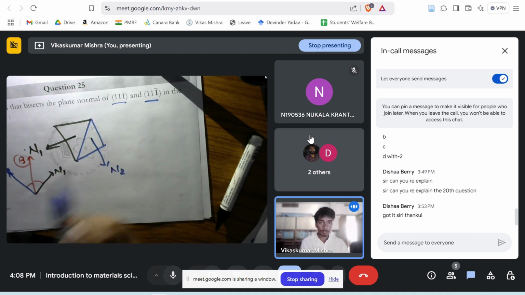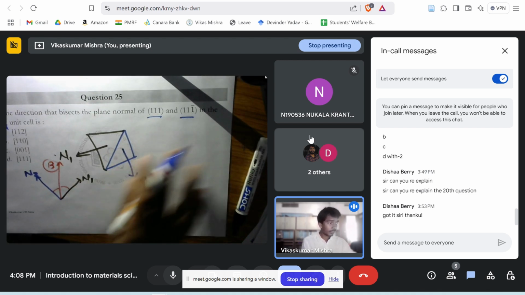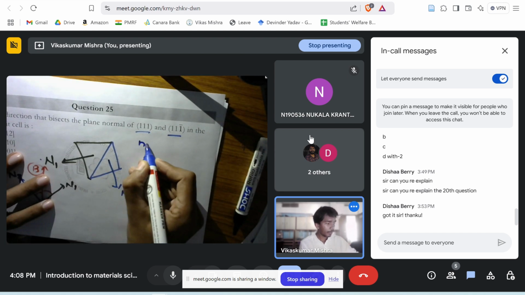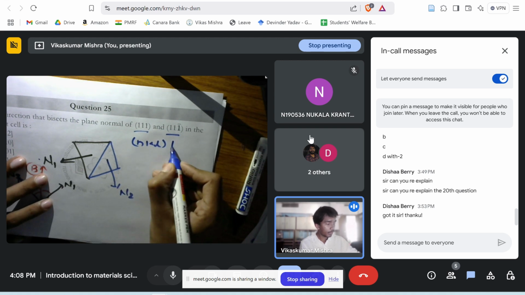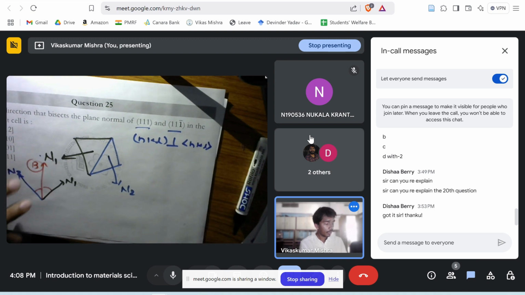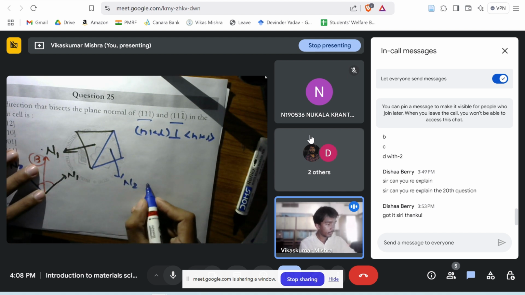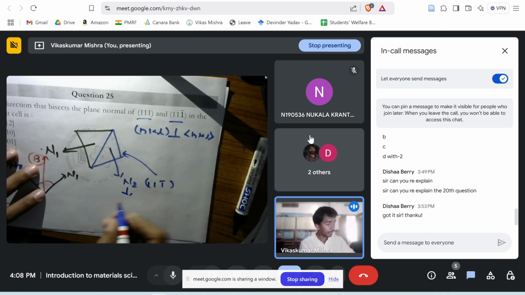Since we know the indices of the planes and we know that it's a cubic, the result we have is that the HKL plane for the cube is perpendicular to the HKL direction. So for a particular plane, let's say the blue one, which represents 111 bar, its normal will have the same indices, 111 bar.